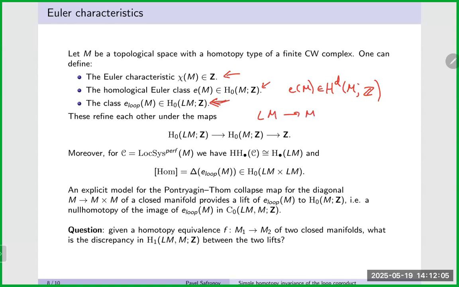If you have a loop, you can evaluate it at the base point of the loop, and you get a point on the manifold. So you get this pushforward map from homology of loop space to homology of the manifold. And if you have a class in homology of the manifold, you can just integrate over the manifold and you get a number. And so you get the Euler characteristic of the manifold, which is a number. You have this Euler class, which is a class in homology, and you have this loop Euler class in homology of the free loop space.